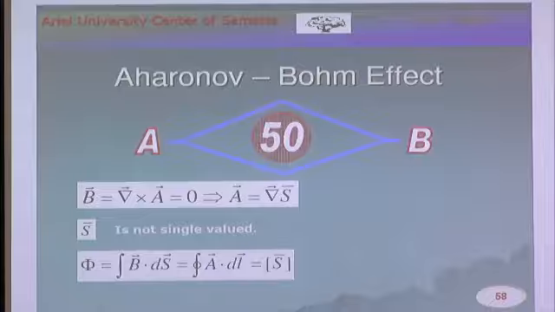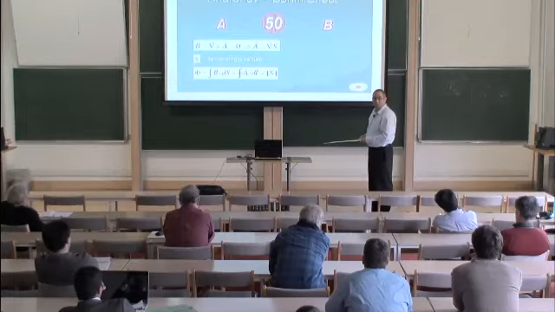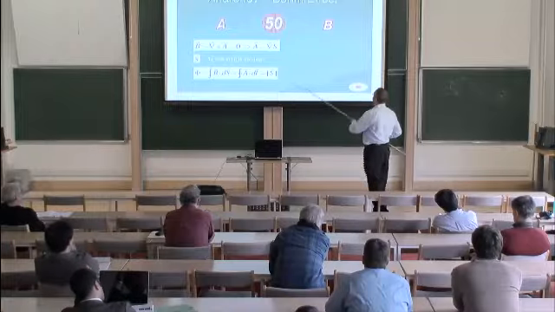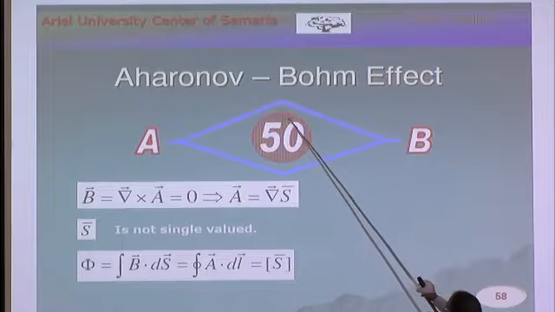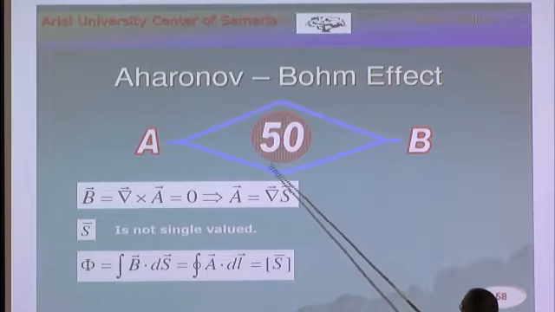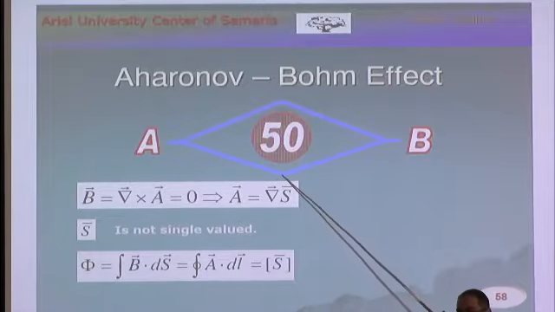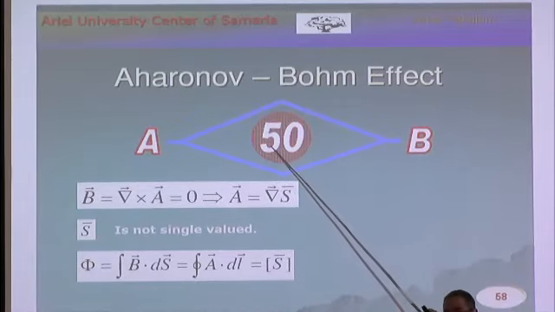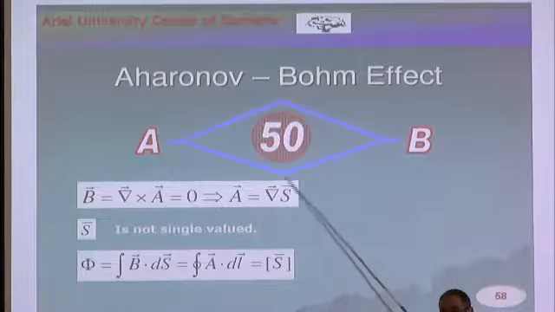Excuse me. You put down here that B is equal to 0. So if you have no magnetic field, you have a magnetic flux. That's right. Because the magnetic flux is here, and I'm calculating B over here. Now, when you do this area integral, it must contain the magnetic field, okay?